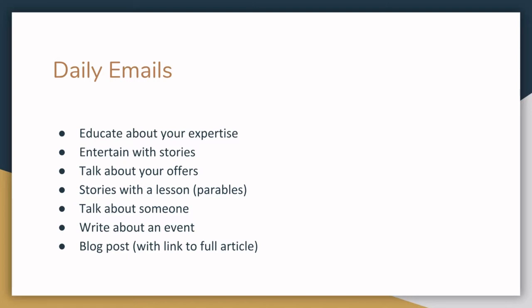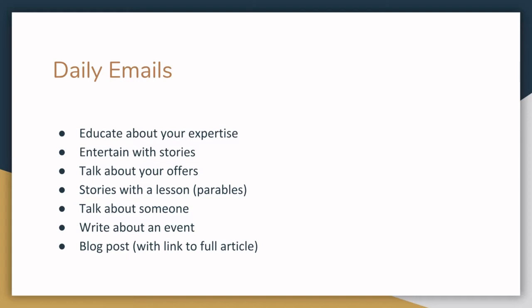Okay, number 4, stories with a lesson. So parables. We talked a little bit about that in the selling online module. So another daily email subject is talk about someone in your life, someone that's important to you, someone that inspires you.